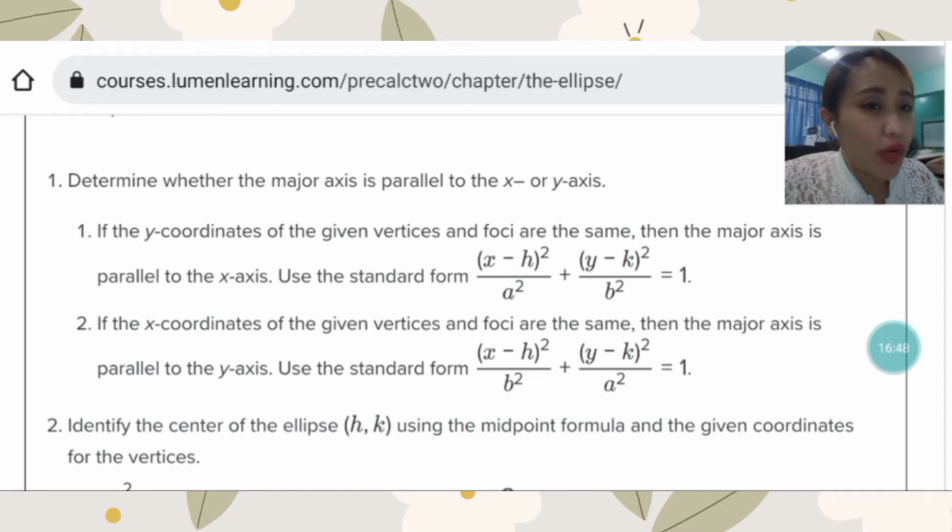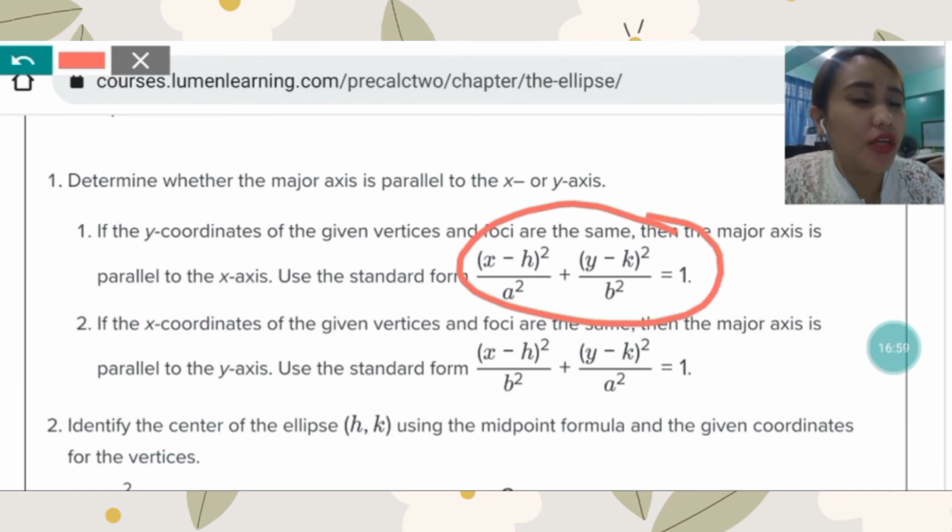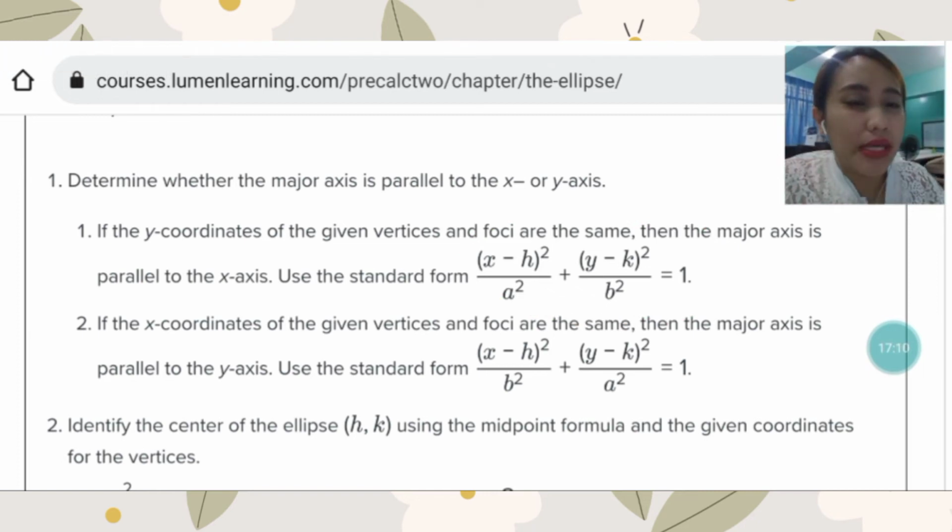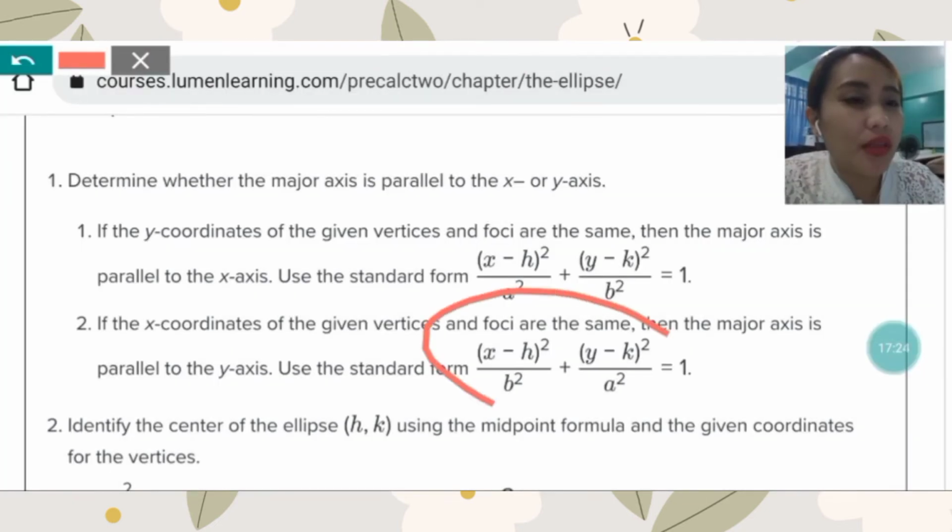Take note, you will be using this standard equation: (x minus h) squared over a squared plus (y minus k) squared over b squared is equal to 1. Next, 1.2, if the x-coordinates of the given vertices and foci are the same, then the major axis is parallel to the y-axis, and you will be using this standard equation. Okay?